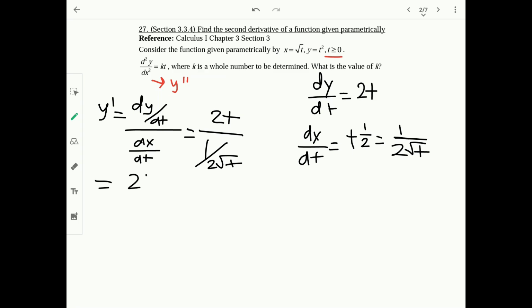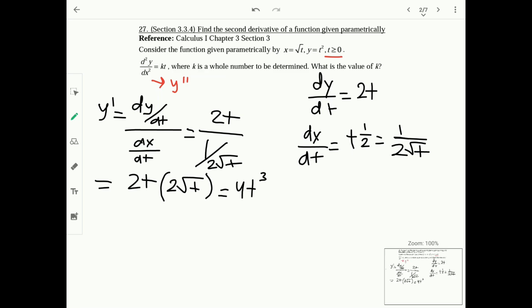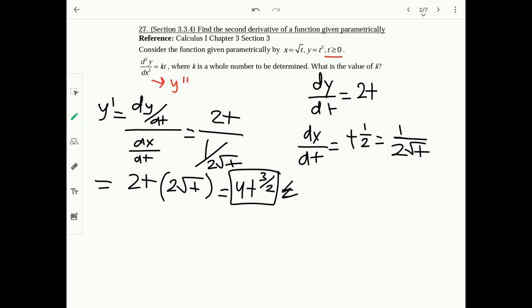If we simplify, we get 4t to the power of 3 over 2. Let's keep it like this so that it's easier to differentiate. Right? Now let's find y double prime. That's the derivative of this over dx over dt.